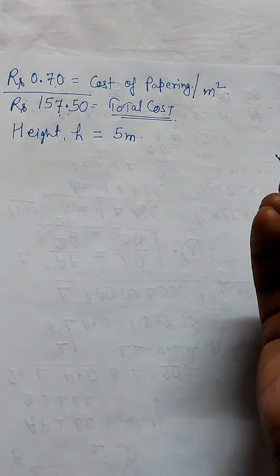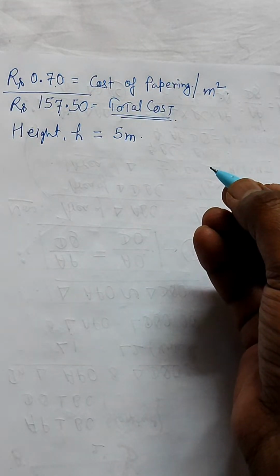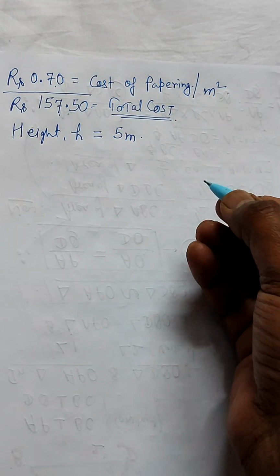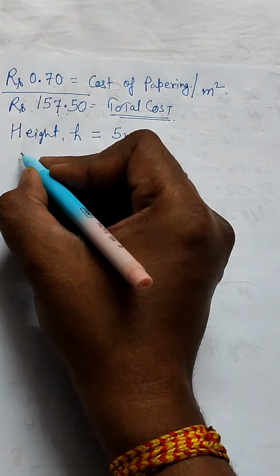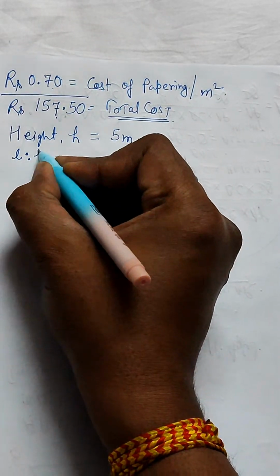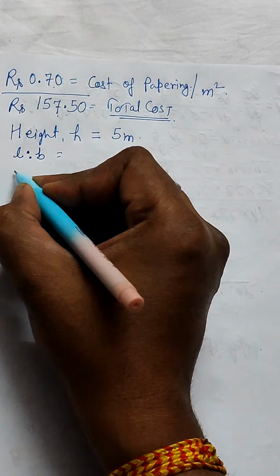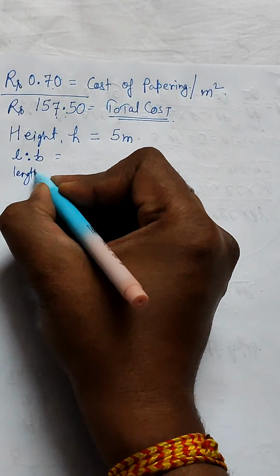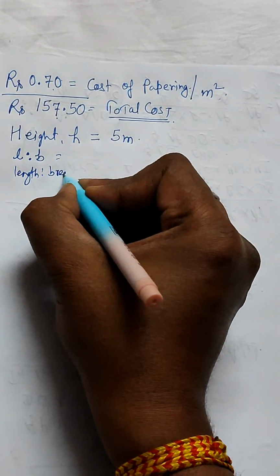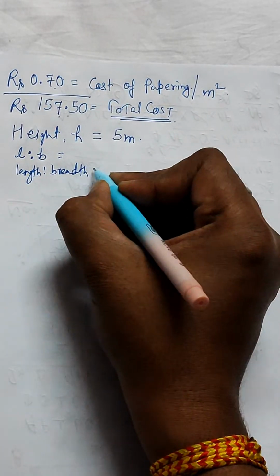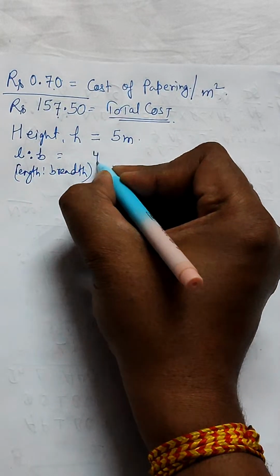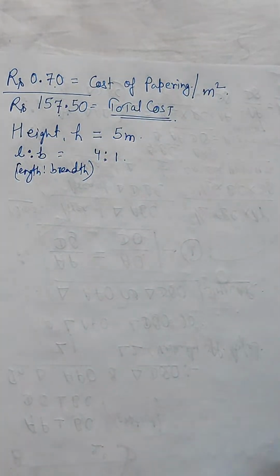5 meter, and the length and breadth of the room need to be calculated if they are in the ratio 4 is to 1. So L is to B, that means the length and breadth are in the ratio 4 is to 1, right?